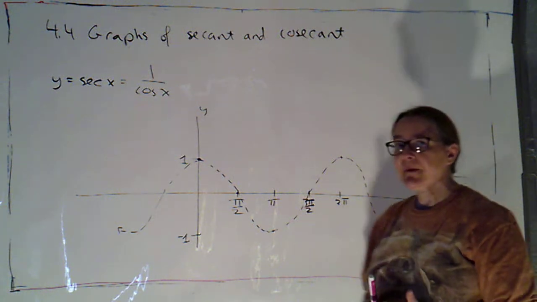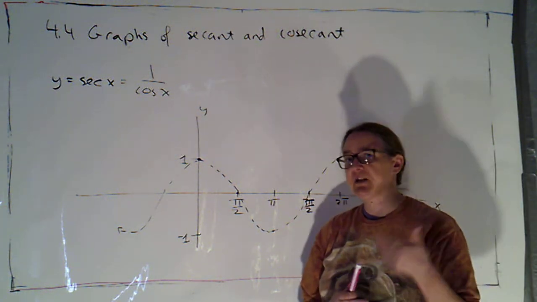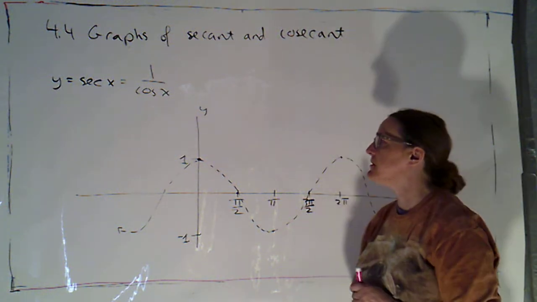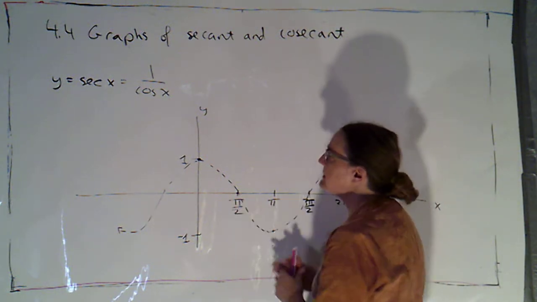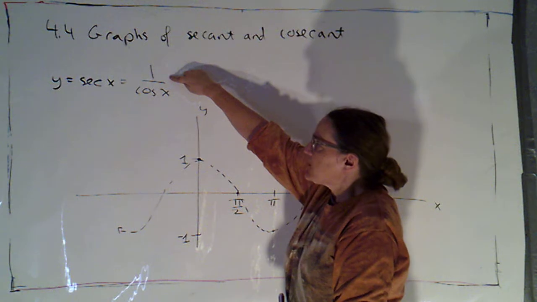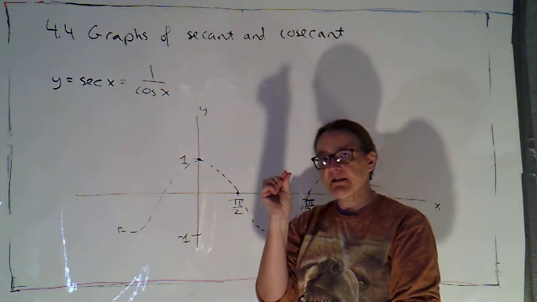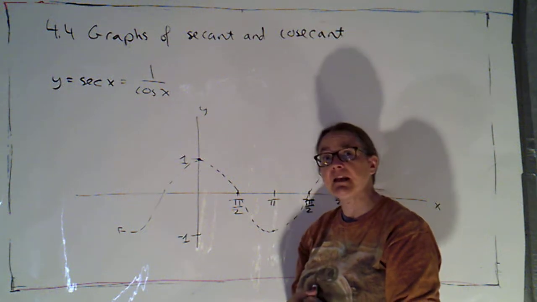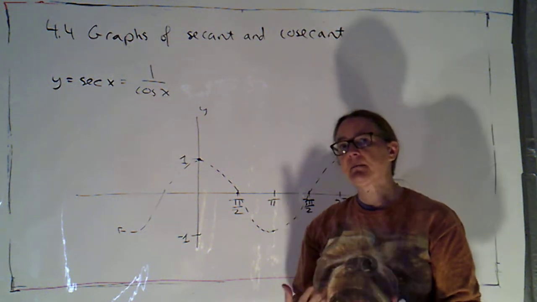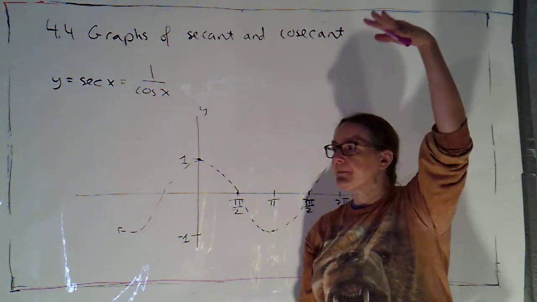What's going to happen there is very similar to what happened when tangent and cotangent were undefined. As I get close to these points, the top is 1, the bottom is just really, really small. Sometimes it's a small positive number, and sometimes it's a small negative number. But when I divide by something small, I get something big.